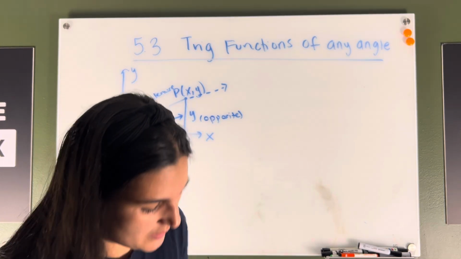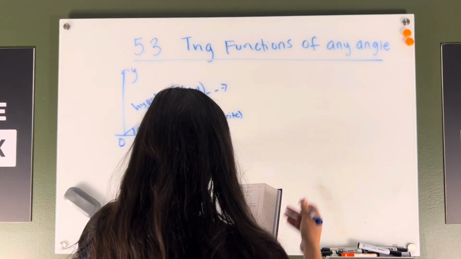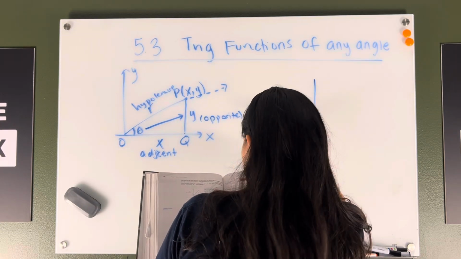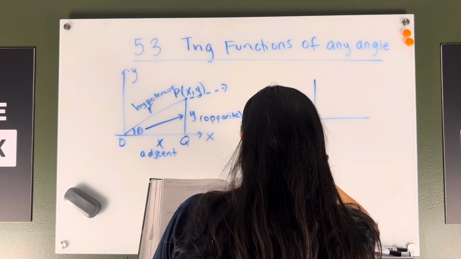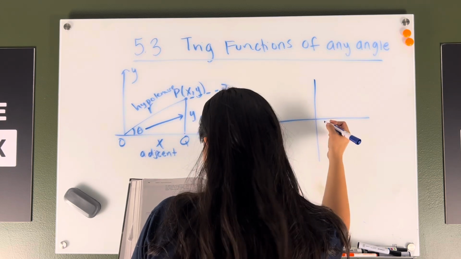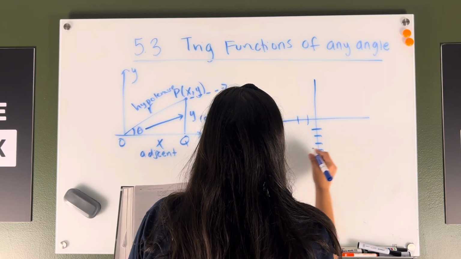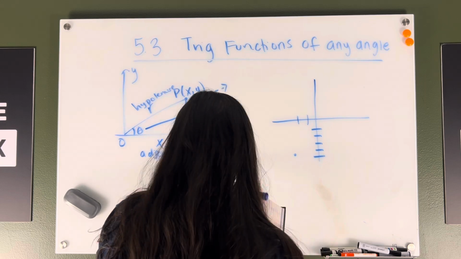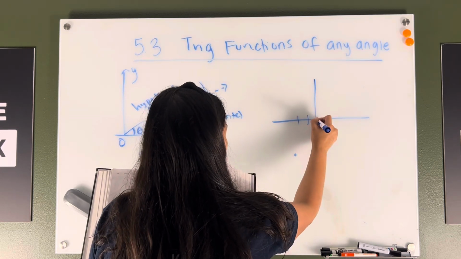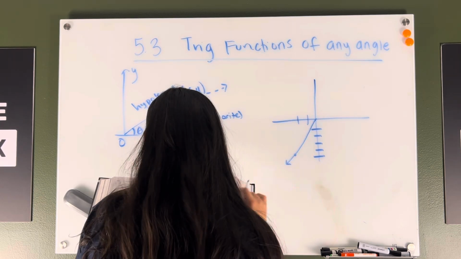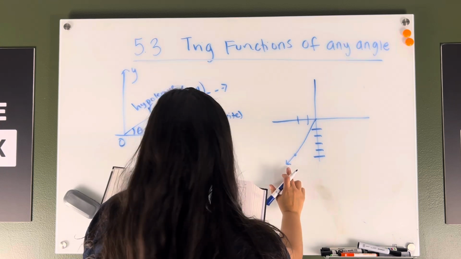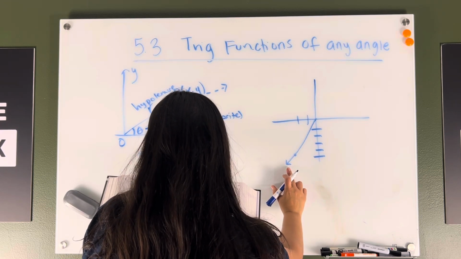So with these, we're used to using the right triangle, but we're going to do this by drawing the point. So here we have (-2, -5). All right, that's the point. So that's going to be the terminal side of angle theta in standard position.